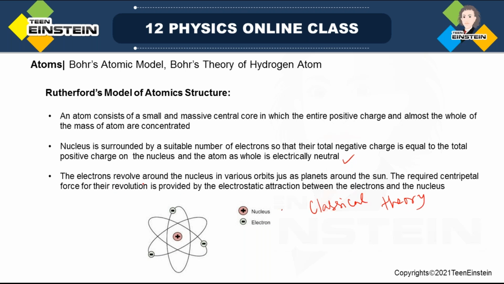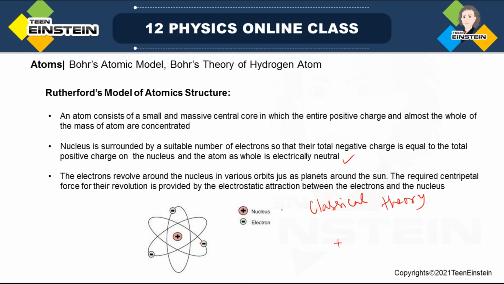According to classical theory, electrons revolve around the nucleus in various orbits, just like planets do around the sun. What we have seen is that the sun is at one of the two foci, and planets revolve in elliptic orbits around the sun.